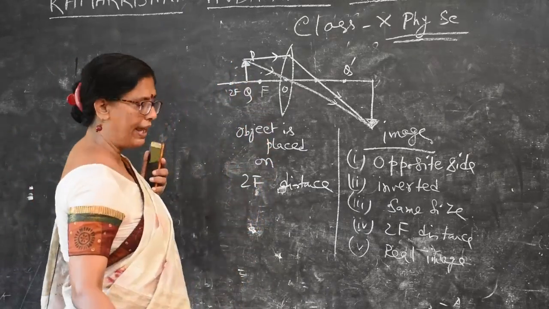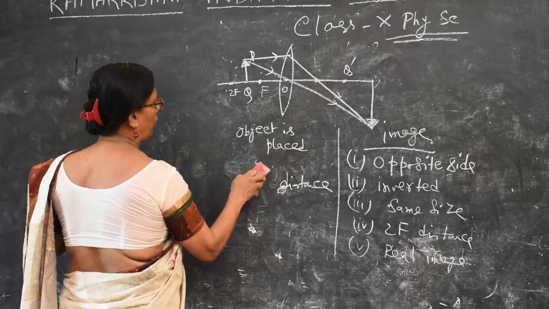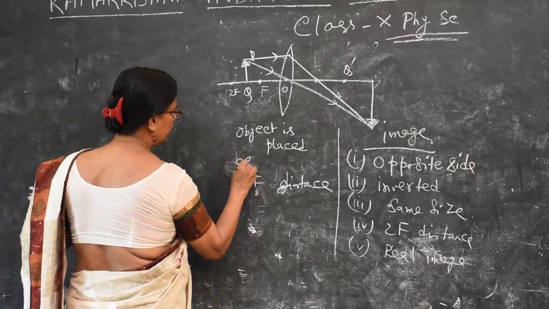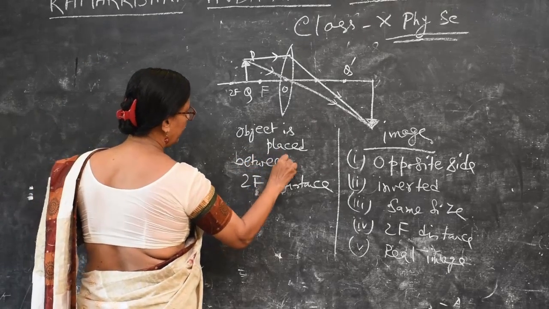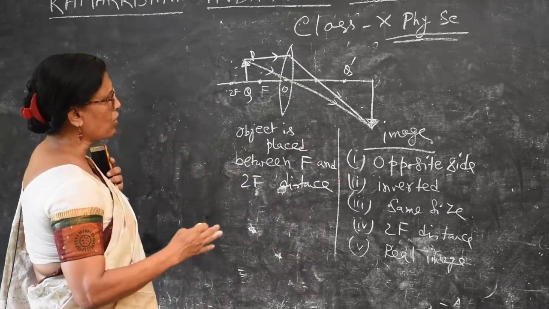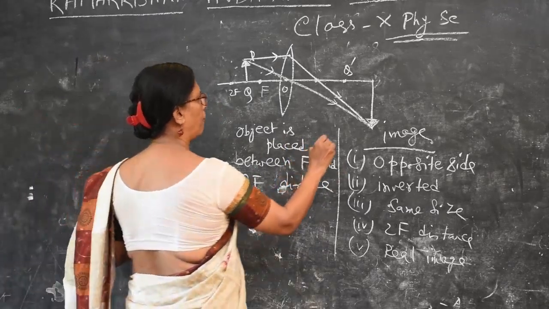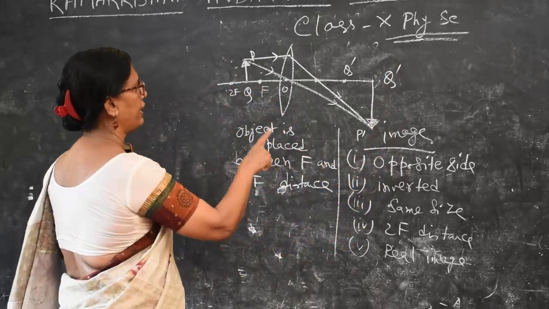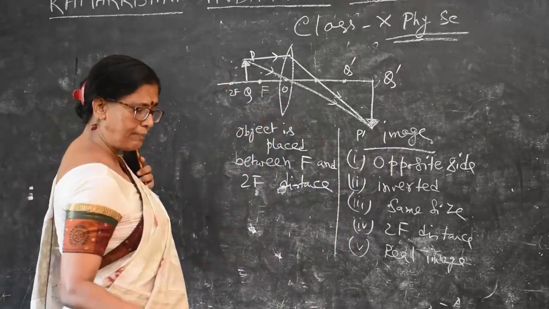So the object is placed between F and 2F. The image is on the opposite side. Image obviously on the opposite side, and the image is inverted. You see, opposite and inverted. Same side?